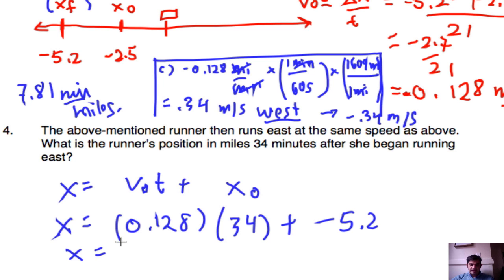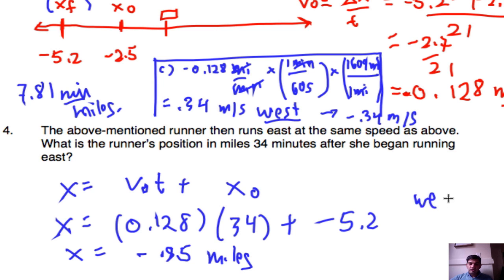And so when we actually calculate that, we're going to get 0.128 times 34, and we end up with negative 0.85 miles.